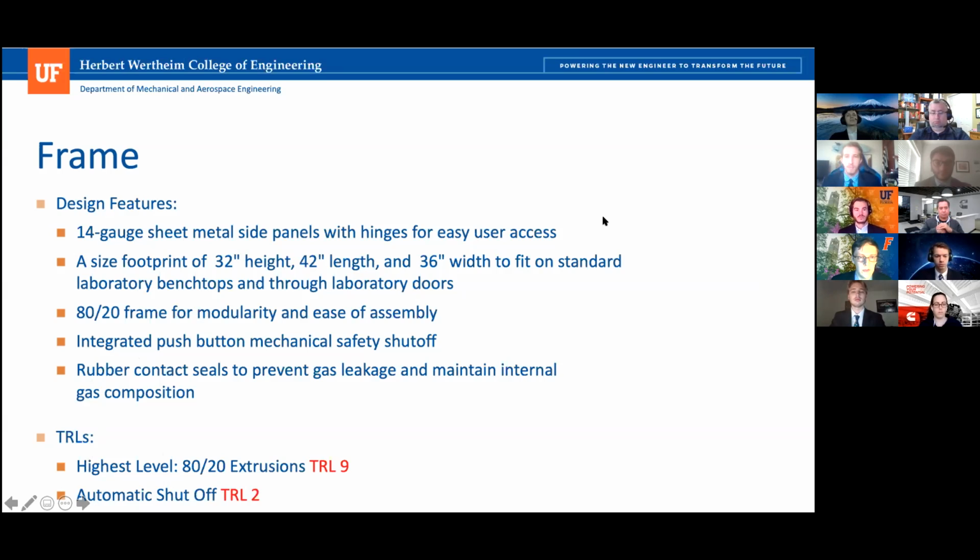And we used 80-20 for the frame to provide modularity and more ease of assembly in terms of assembly times. And we have the integrated push button mechanical safety shutoff. And to maintain gas composition, we have rubber contact seals on the sheet metal plates integrated into the 80-20 to prevent gas leakage and maintain internal gas composition.